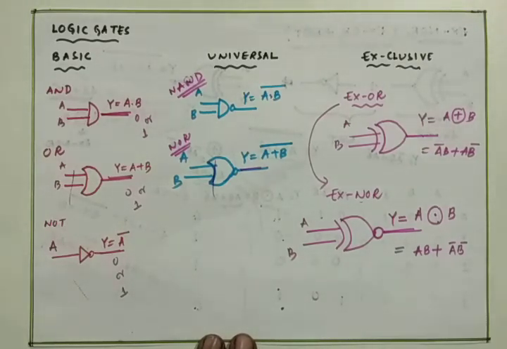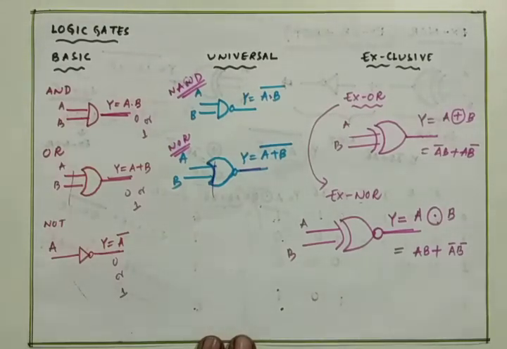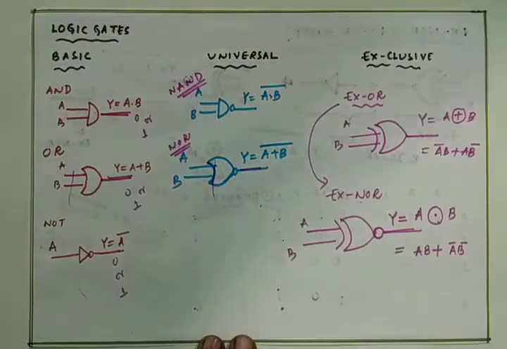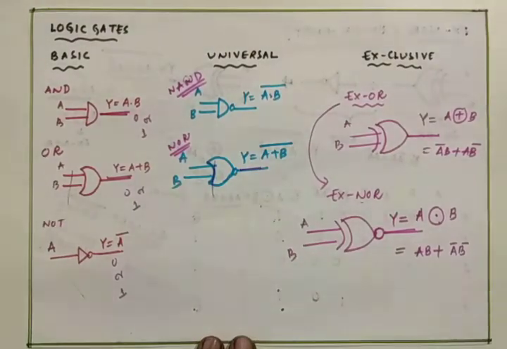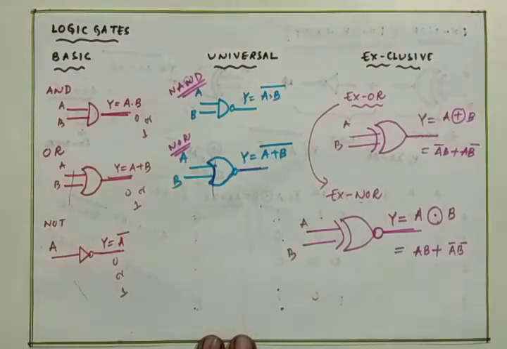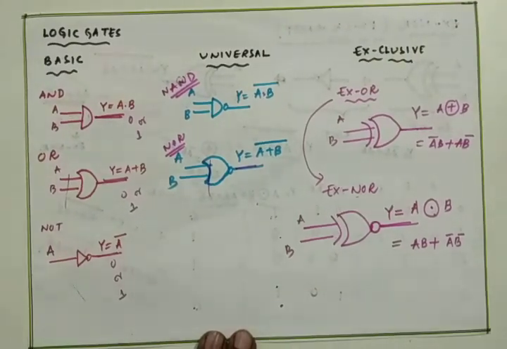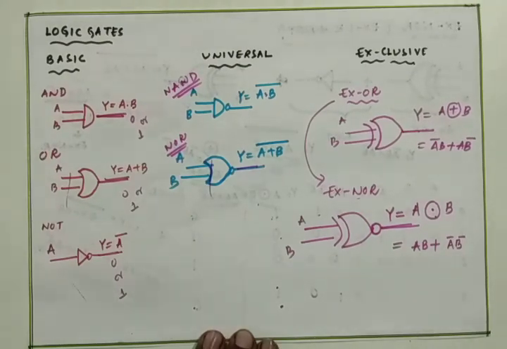We know that digital systems deal with only digital signals, and digital signals can have only two amplitudes, that are zeros and ones. So the logic gates are designed to deal with zeros and ones only.